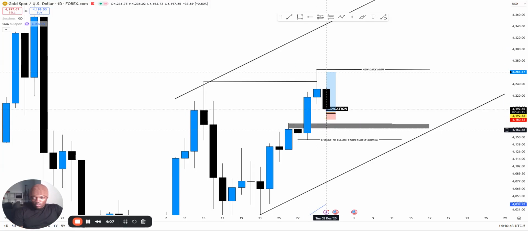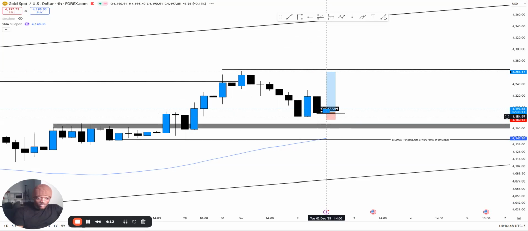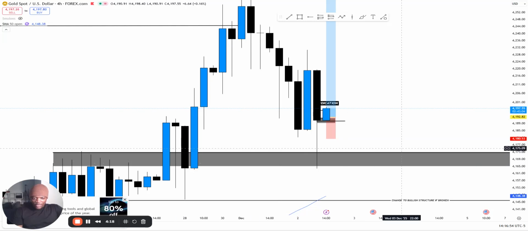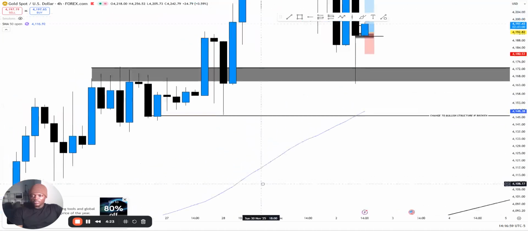Price came back and got rejected on the 4 hour. You see, the 4 hour candle got rejected. What does that mean? It means there's a bunch of buyers here above this line. Beneath this line, there's sellers. Why?